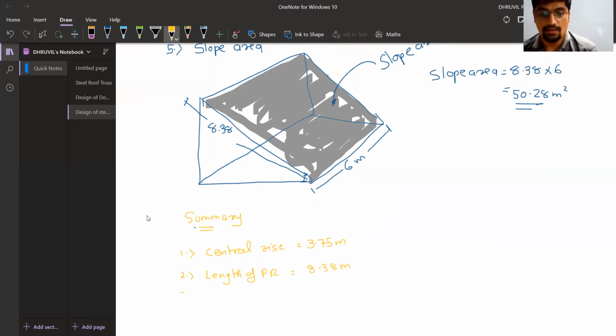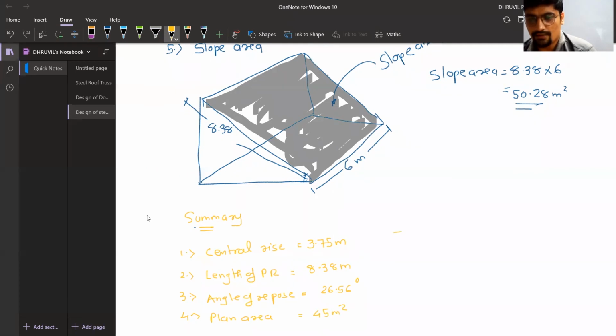Then angle of repose, which is 26.56 degrees. Then plan area, 45 meters square.